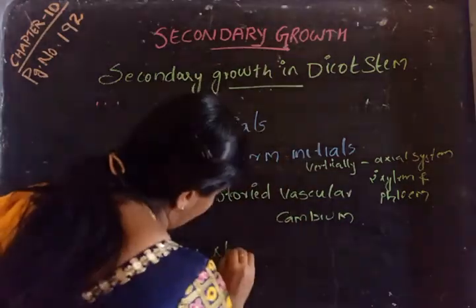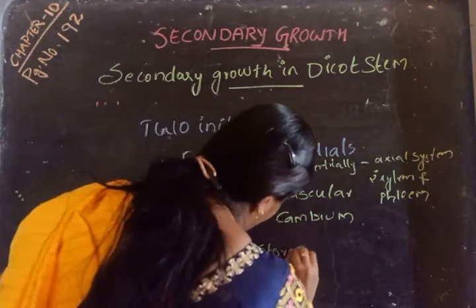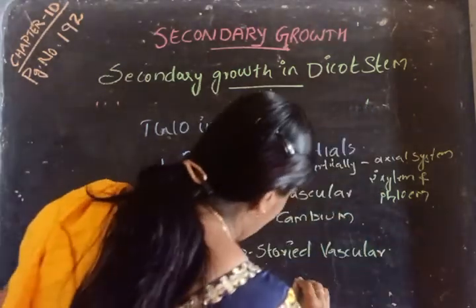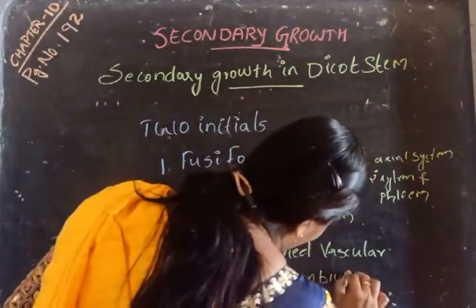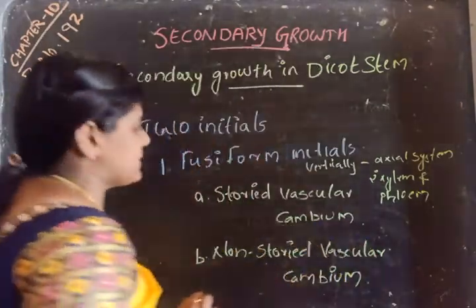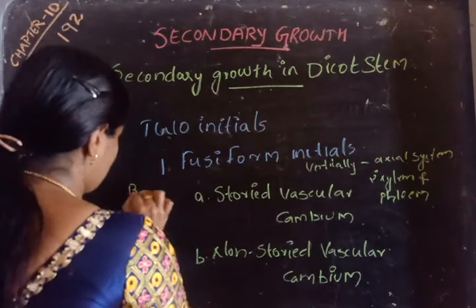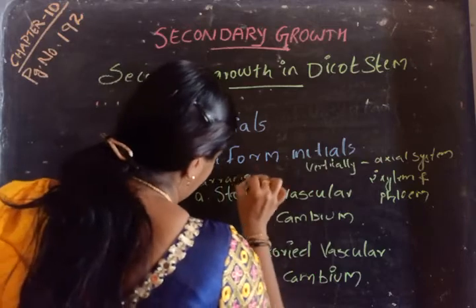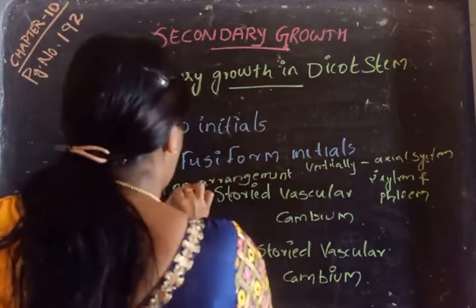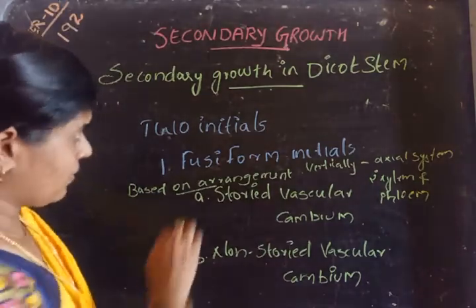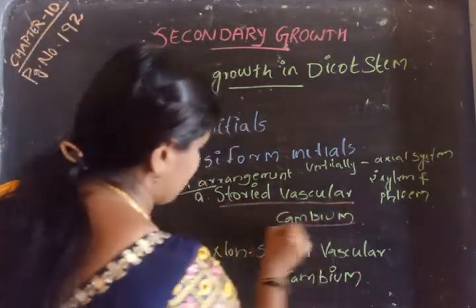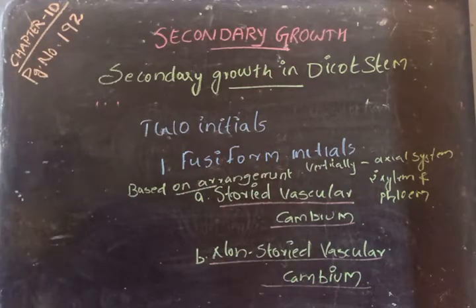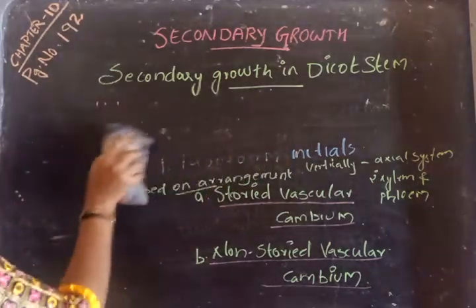So, based on the arrangement of fusiform initials, the vascular cambium is divided into storied vascular cambium and non-storied vascular cambium. Now we can look at what storied and non-storied vascular cambium are.